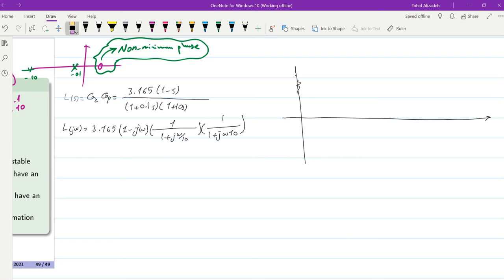Alright, so here we will go. Let me see if my system is going to respond to me. Here we will have the amplitude of L of j omega, and omega is there.